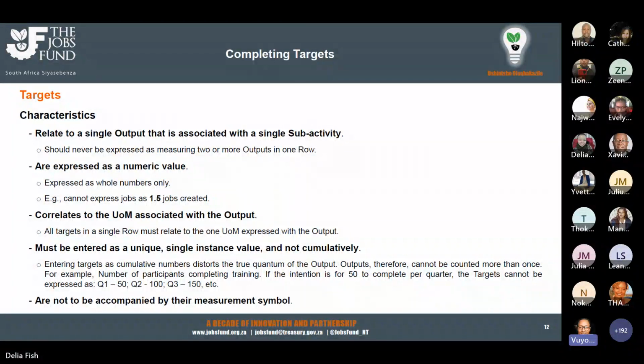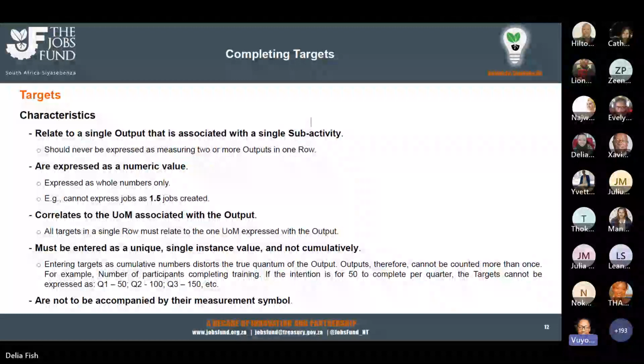So if you've got the number 500 as your target for Q1, the output will indicate to anyone looking at it what the 500 denotes: is it rand value or a number of something? So it's important that there is a correlation between targets and outputs. Targets are expressed in numeric value, they are whole numbers, so there are no fractions, and they correlate to the unit of measure of the output.